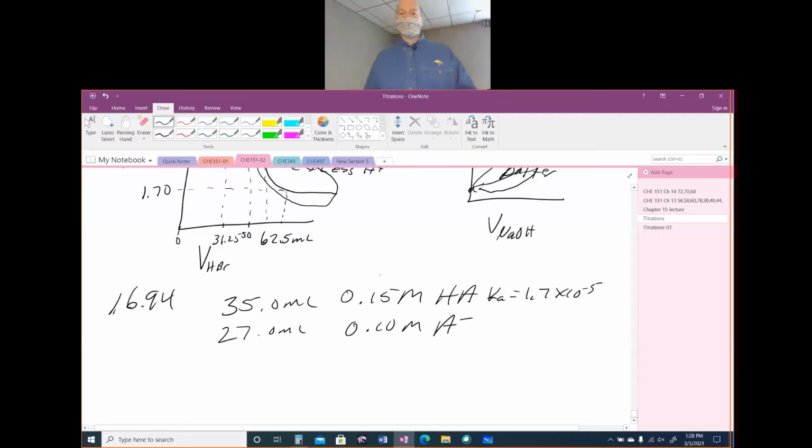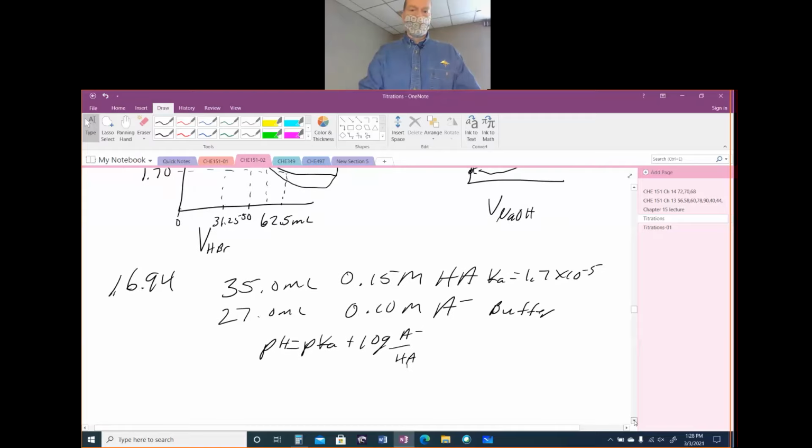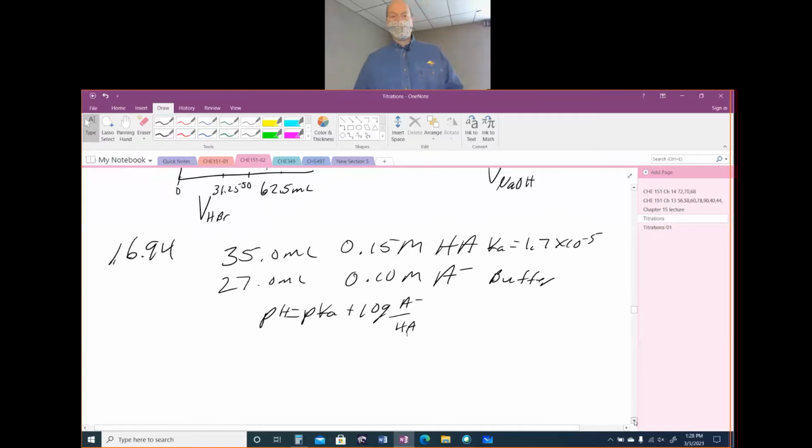You see that you have a concentration of HA and A minus, so we have a buffer. We know we're going to use pH is equal to pKa plus the log of A minus over HA. The reason people miss it is they put in the A minus of 0.1 and the HA of 0.15, and that is not the concentration.